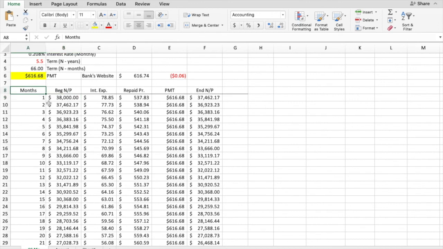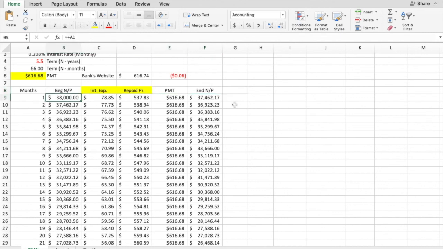I built my amortization schedule with a column for the months, the beginning note payable for that month, the interest expense and repaid principal amounts, which make up our payment, as we saw in the previous example, and then the ending note payable amount. And so what do I do here?